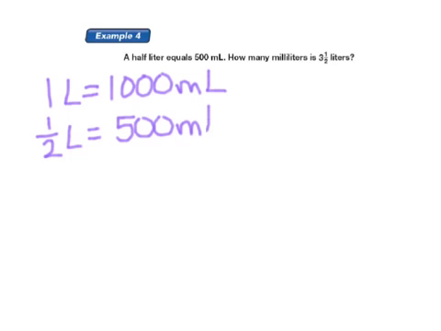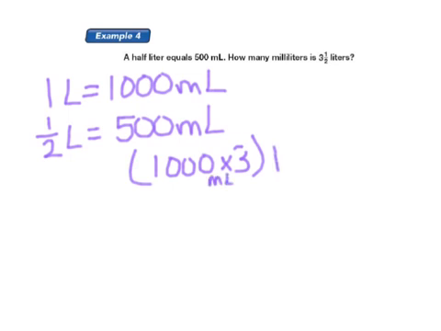So this question is asking us how many milliliters is in 3.5 liters. Well, 1 liter equals 1,000 milliliters. Let's multiply that by 3. So 1,000 times 3. And of course, you should always have your units of milliliters.